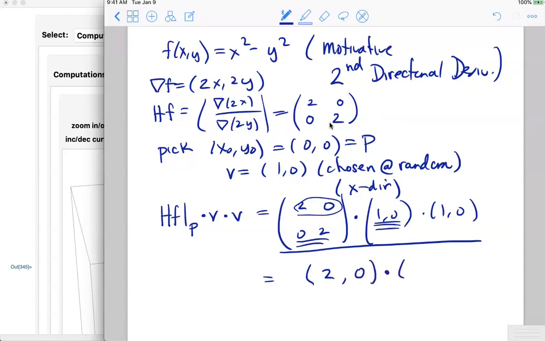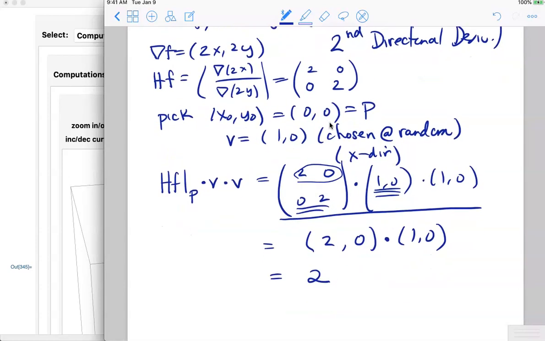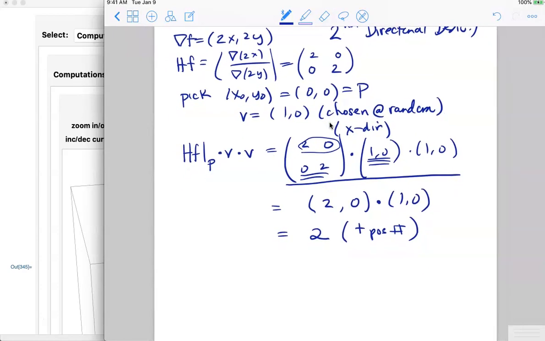That's the first multiplication. And now you have a third dot product to do. 2, 0 multiplied by 1, 0 as a dot product will give you 2. So what we're seeing here is that this is in fact 2, but more importantly that it is a positive number.